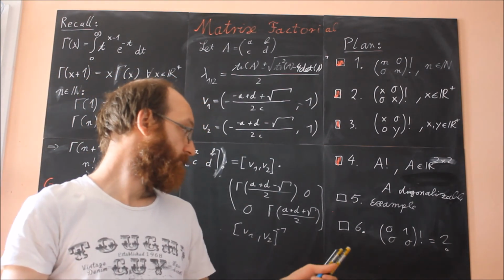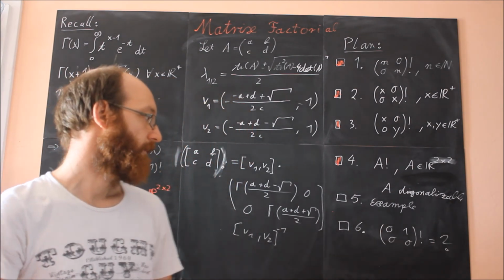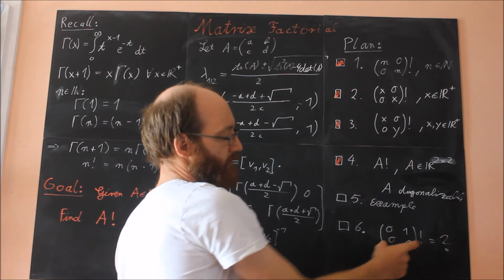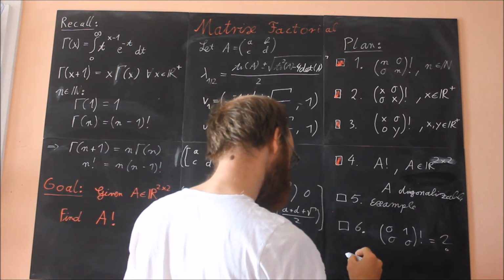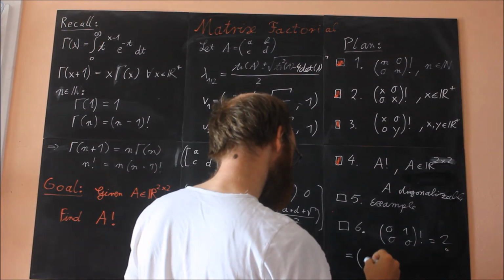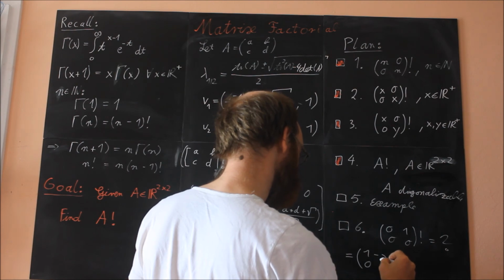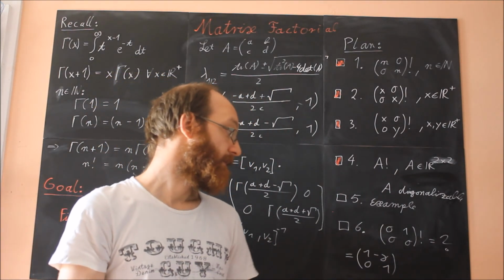Yeah, and for the last point, you can try to compute this matrix. What you get is, we find 1, 0, 1 and the negative of the Euler-Mascheroni constant gamma.